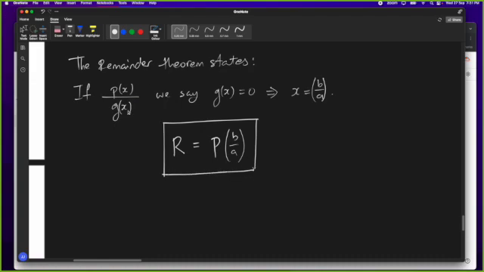I don't want to do the whole divide thing because sometimes those polynomials could get real complicated. But I could just do this to find out if it's a factor. All right. So the factor theorem now.